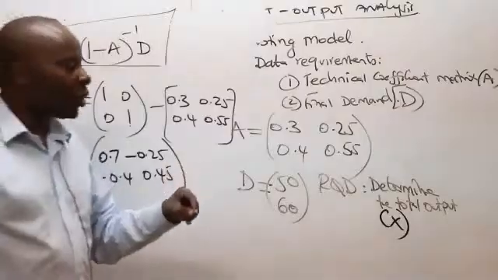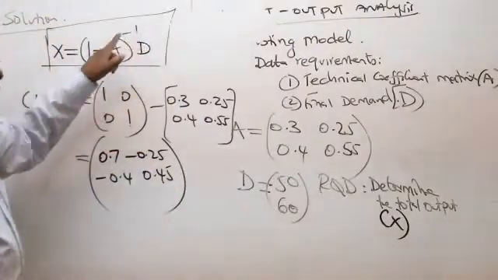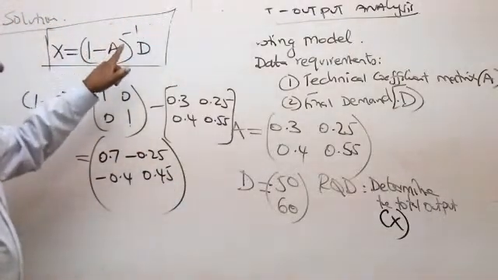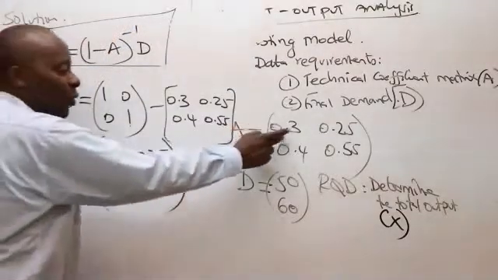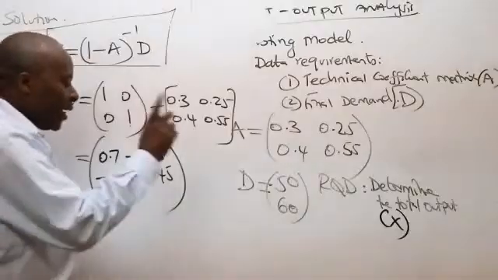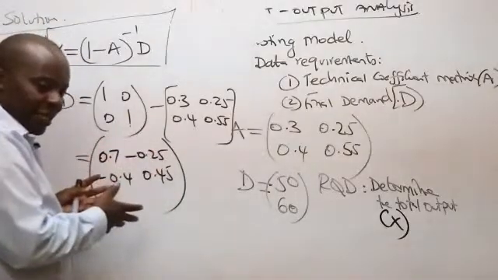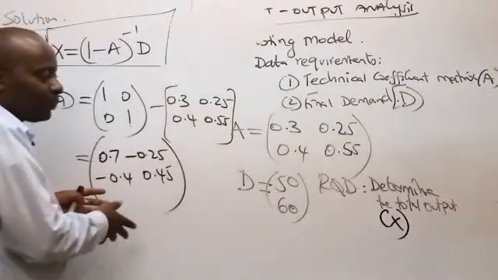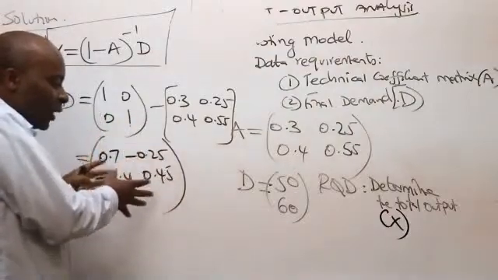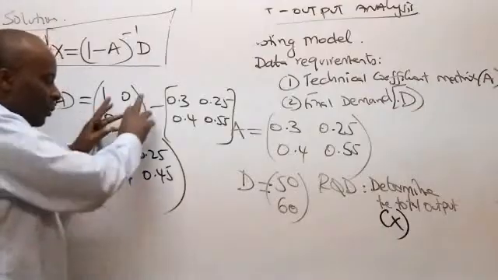Thank you very much. Because this raised to minus 1 means inversion. This means inverse. So remember, we are not getting the inverse of A, we are getting the inverse of I minus A, the result of our subtraction here.